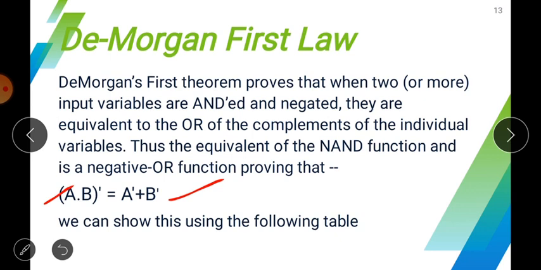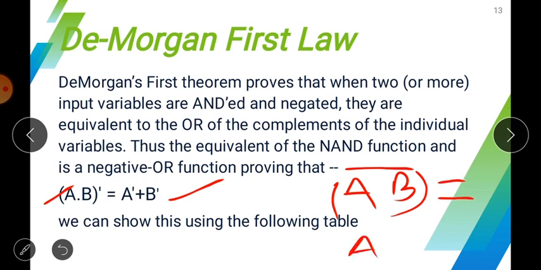So here I can show you how you can write this function in my words: break the line and change the sign. It means we can write the negate function in this way also: the negation of A and B is equal to A complement plus B complement.